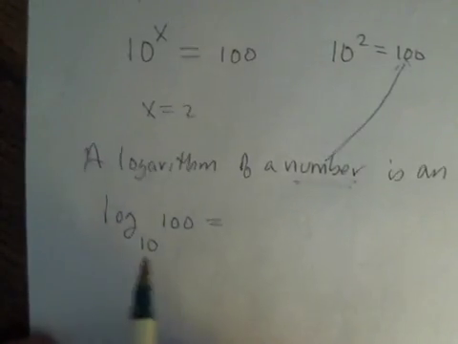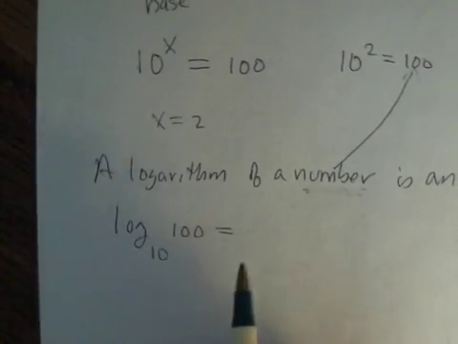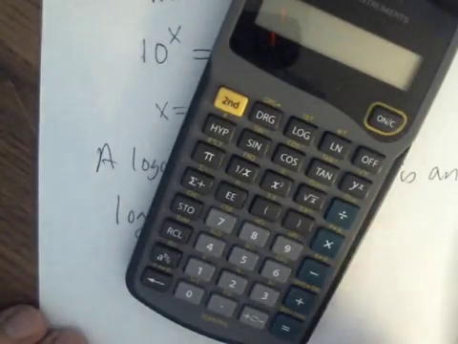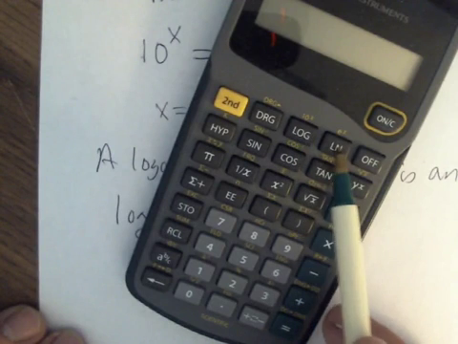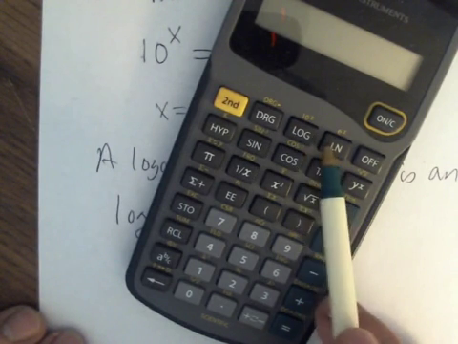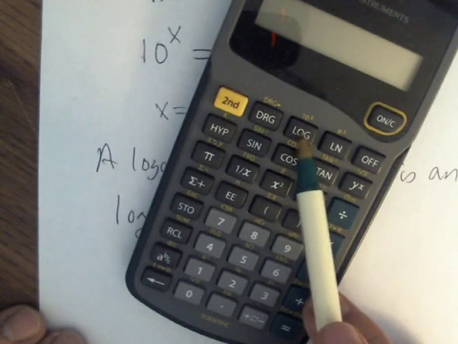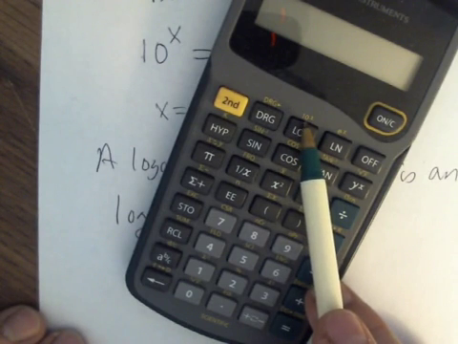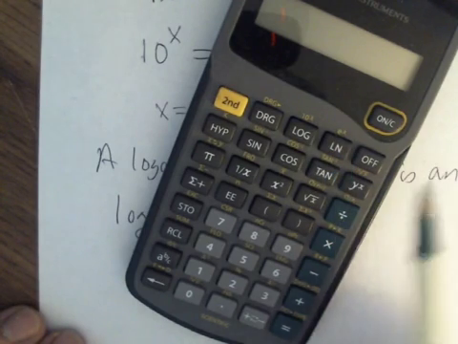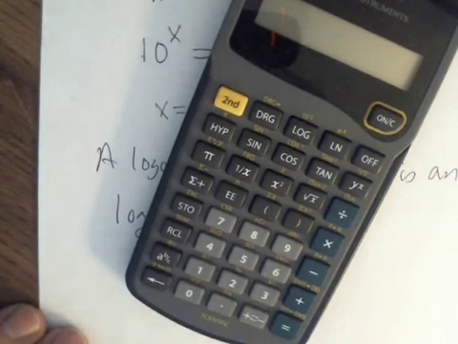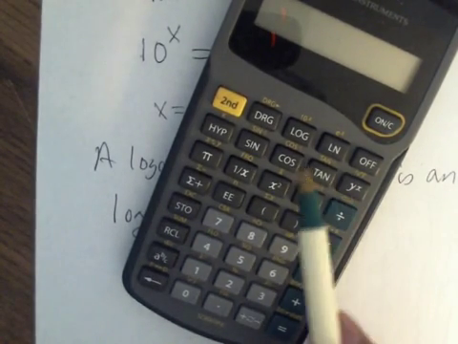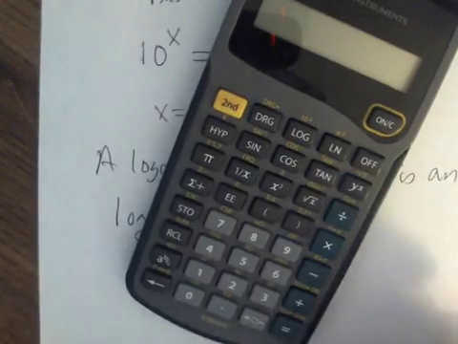Now, one thing about your calculator: if you look at it, you just see the LOG button and the LN. These 2 buttons are both logarithms. This logarithm deals with bases of 10. This logarithm deals with bases of e. There are more bases, obviously, than 10 or e, but they're the most commonly used, so they get their own button on the calculator.